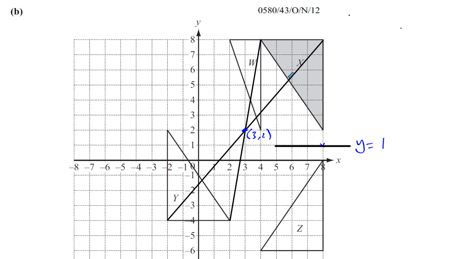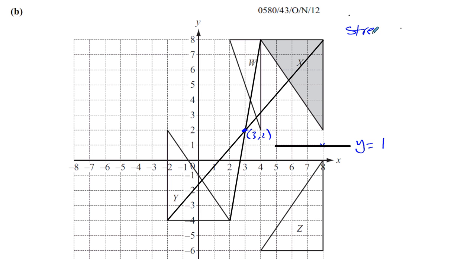But basically, to describe this, it would be a stretch, and the scale factor would be the distance from the invariant line, which is the y-axis here, to the image over the distance to the object, 4 over 8.